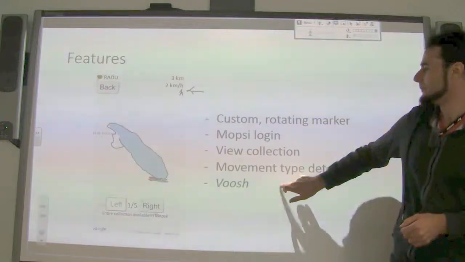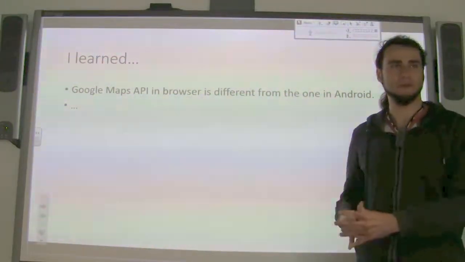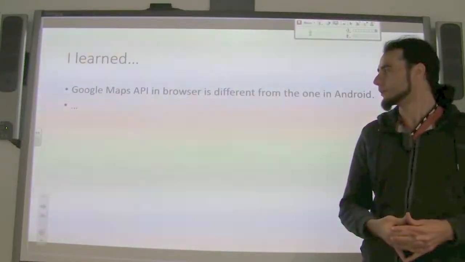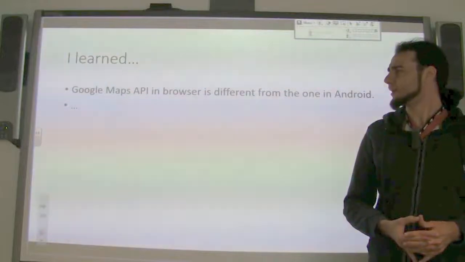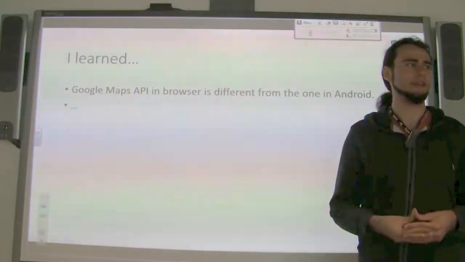But anyway, I want to end with what I found most interesting and what I learned when I made the project, and that's that the Google Maps API is not the same in the browser and in the native variant.